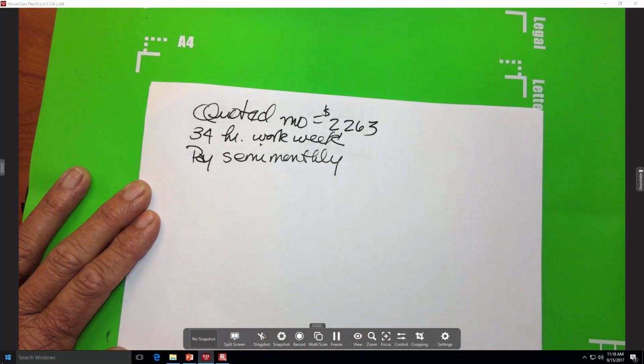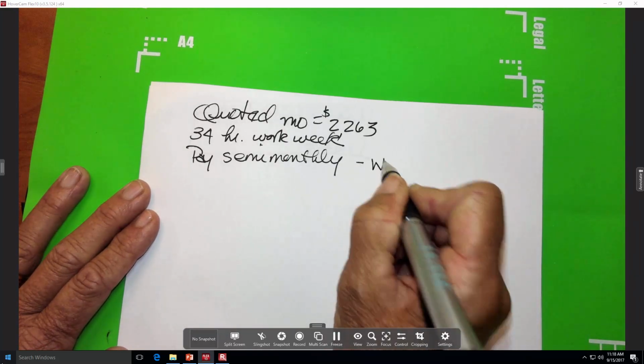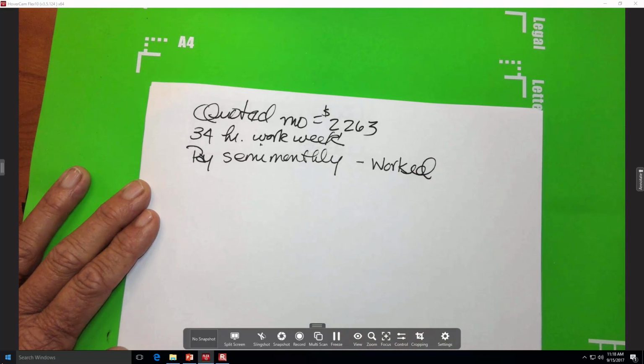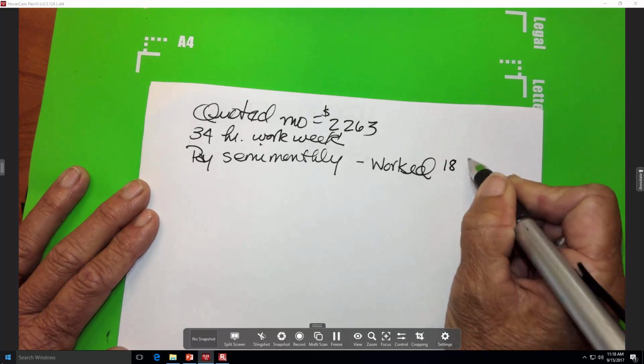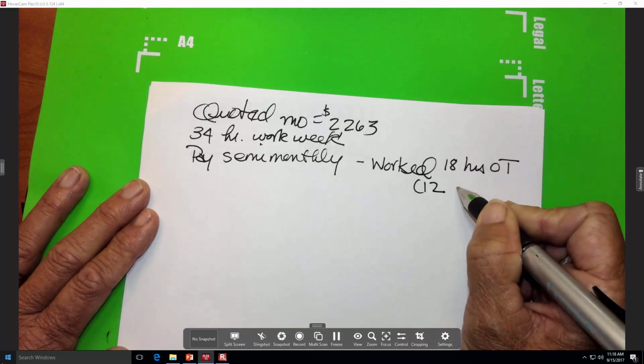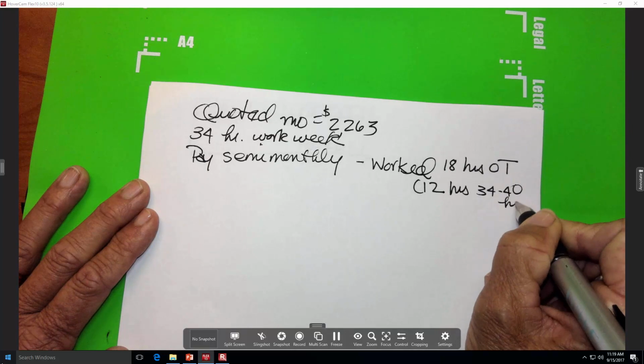And in one pay period, in other words one semi-monthly chunk, I worked 18 hours of overtime. 12 of those were between 34 and 40 hours in the week, so under 40.